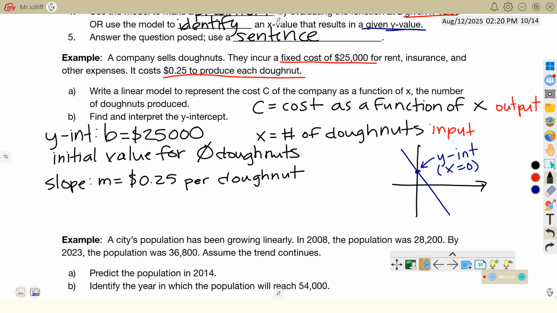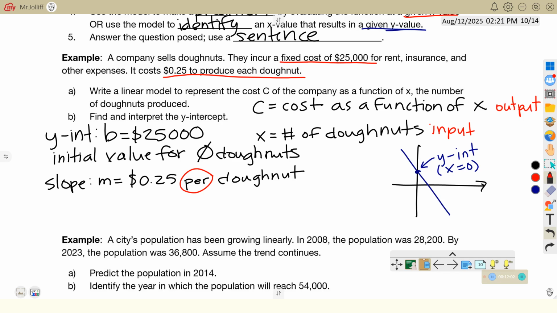You will notice in word problems that are linear, the slope will almost always have the word "per" in its definition. Because slope is change in y over change in x. It's a division problem. And division problems are top per bottom, y per x, dollars per donut.